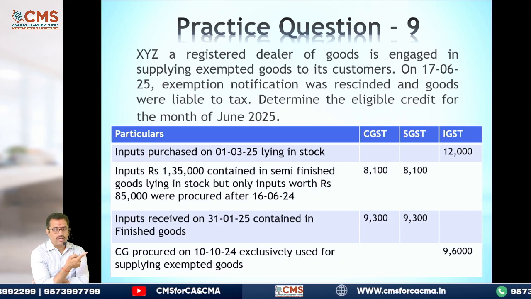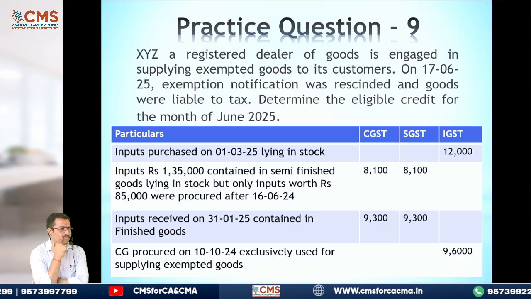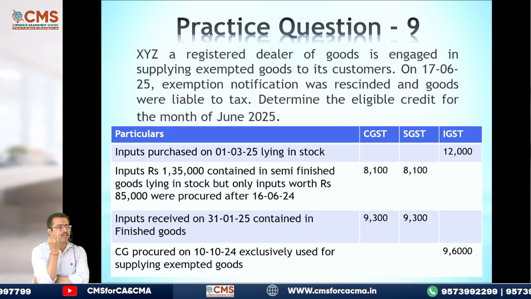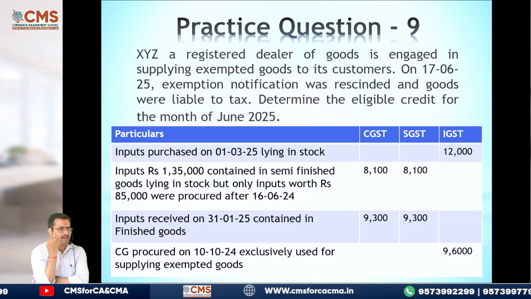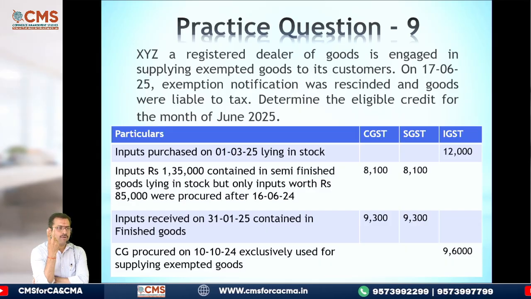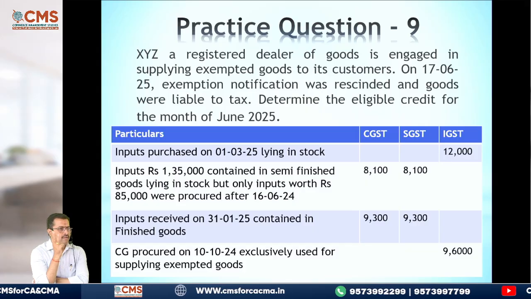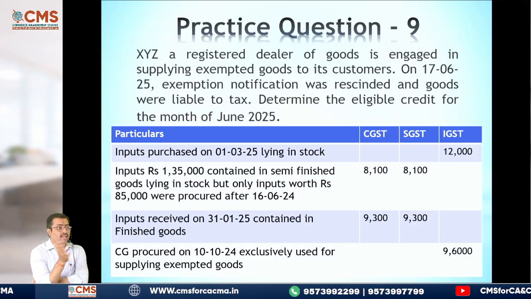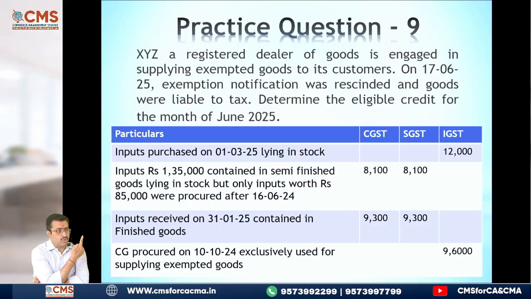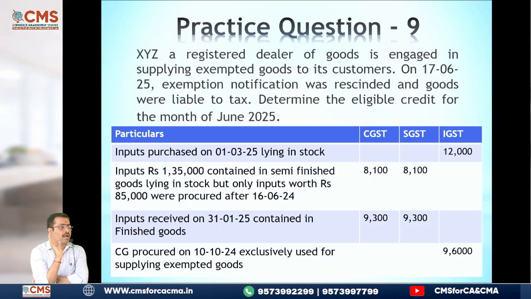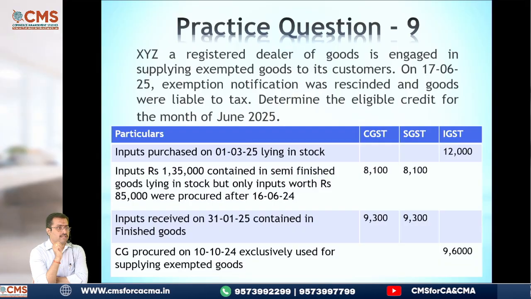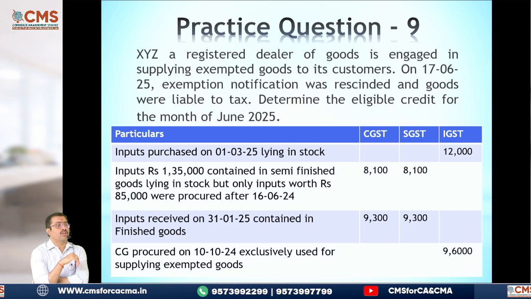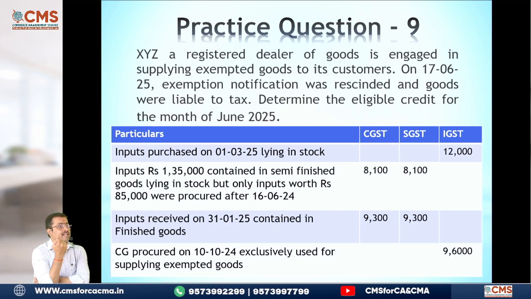When were they purchased? 10/10/2024. That means October, November, December, 1 quarter. Again January, February, March, 2nd quarter. April, May, June, because part thereof also you have to take full. This is 17th June. Correct or not? So completely how many quarters? 3 quarters. So how much percentage you have to reduce now? 15%, 5% into 3 quarters.